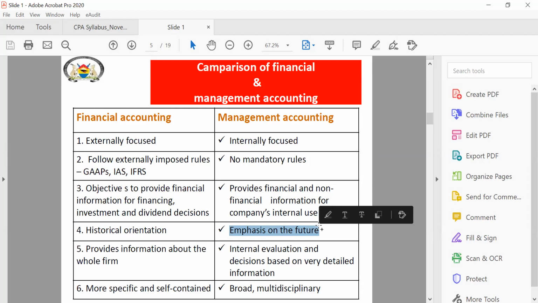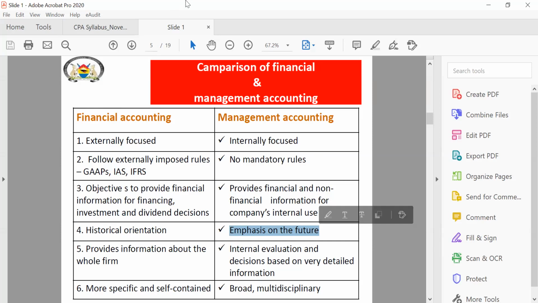And then we have, provides information about the whole firm. Financial accounting will look at the whole firm because if it's a statement of financial position, it will look at all assets, not exclude any, look at all liabilities, look at all equity. If it is an income statement, it will look at all revenues for the period.